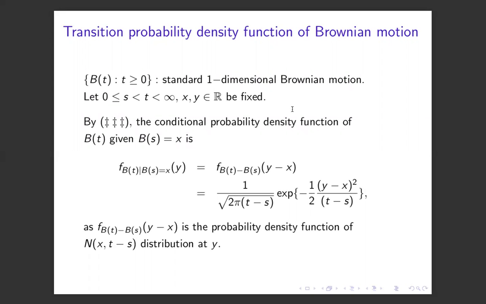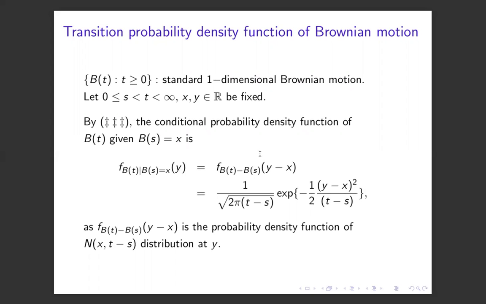Whatever I was saying, I have just indicated here. The conditional probability density function of B_t given B_s equal to x, evaluated at y, is the density function of B_t minus B_s at y minus x.